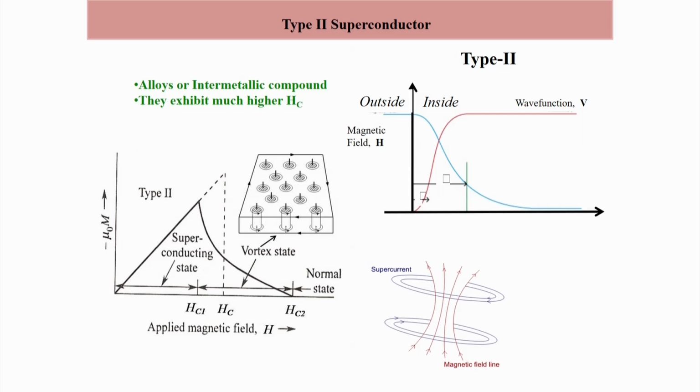What happens is that the magnetic field can partially penetrate into the sample, and when the magnetic field is increased beyond that, superconductivity is destroyed. However, the magnetic flux lines get trapped, and this trapping happens in a nice regular ordering, in particular in the form of a hexagonal lattice called the Abrikosov lattice.